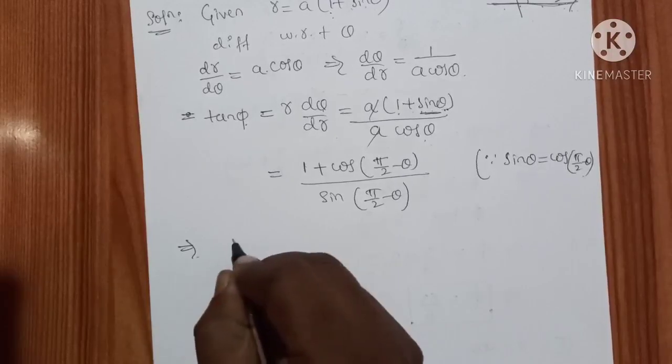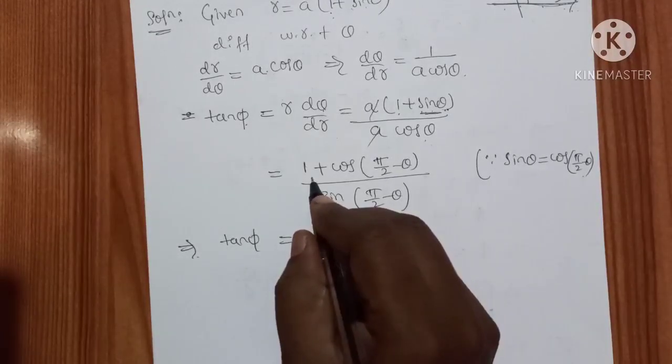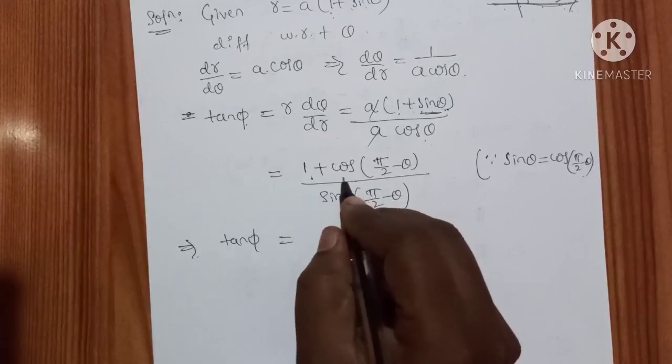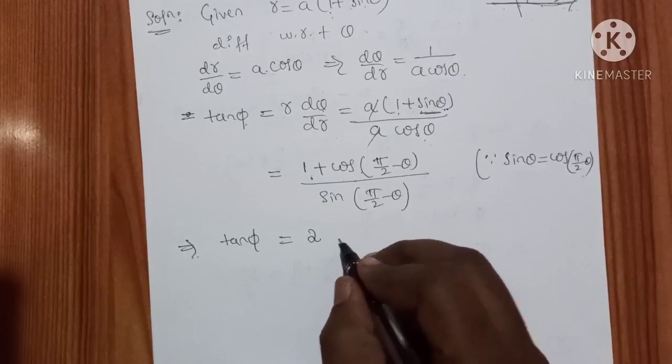So tan phi equals, now we can apply the 1 plus cos theta formula, which is 2 cos square theta by 2.